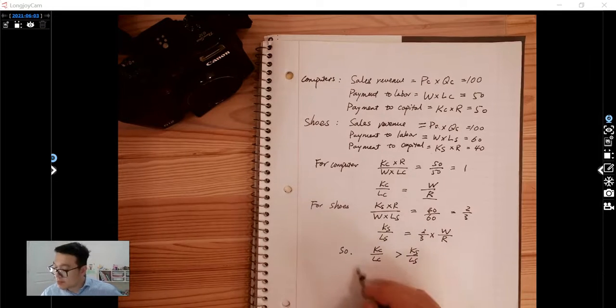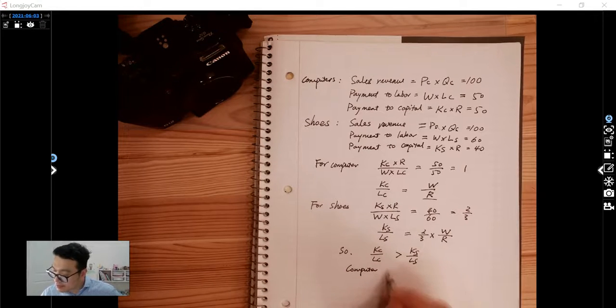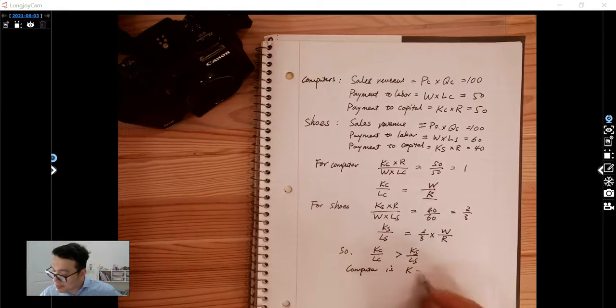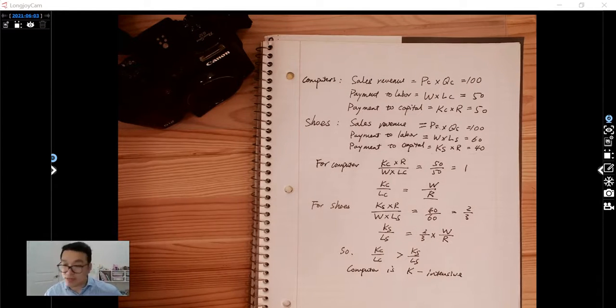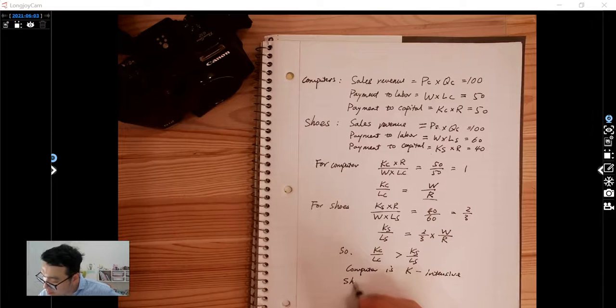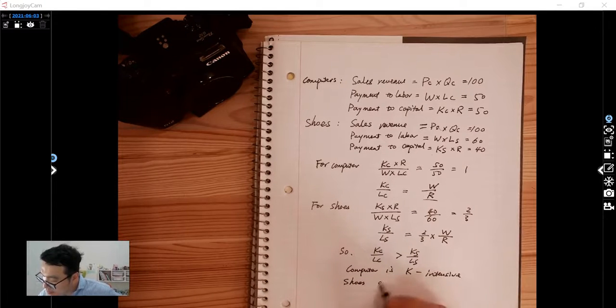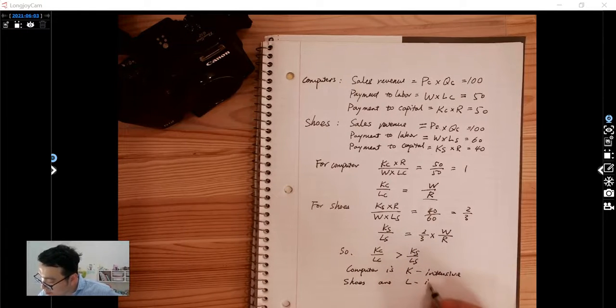That means computer, in our case, is relatively more capital intensive than shoes, and shoes are labor intensive.